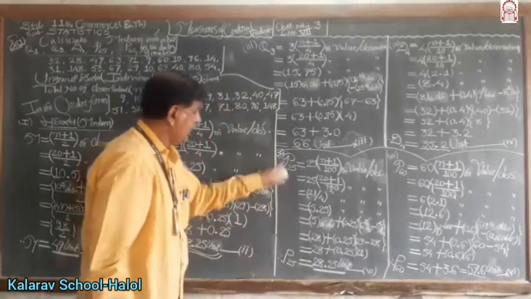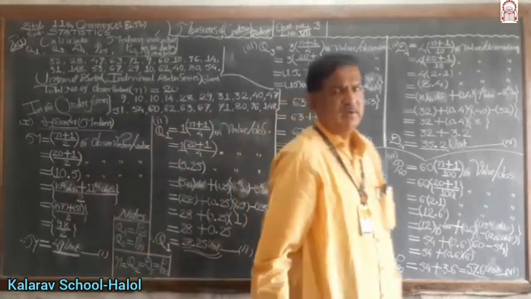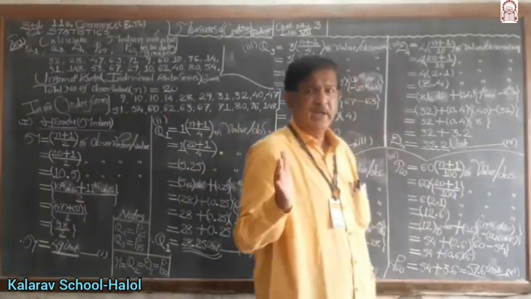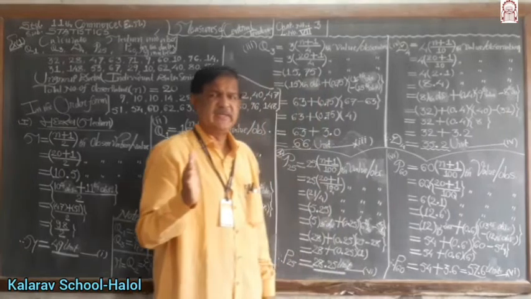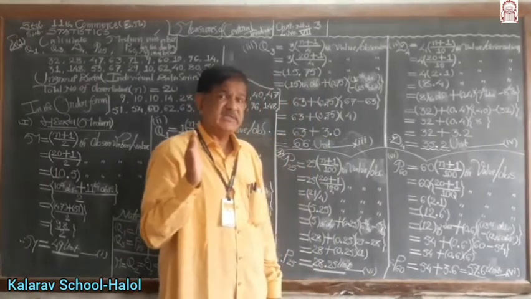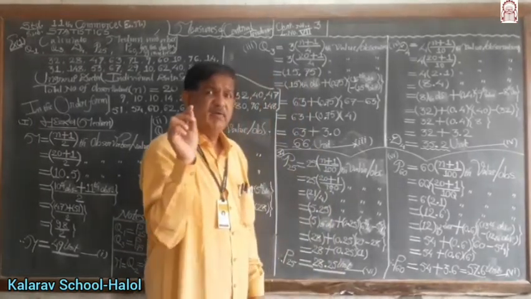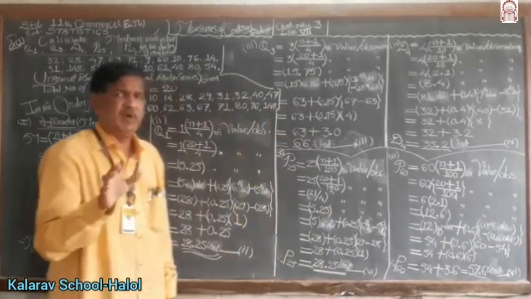This is the answer of P25. But one point should be noted here, that median, quartiles, deciles and percentiles are the positional measures for array distribution, the data which are arranged in order form.